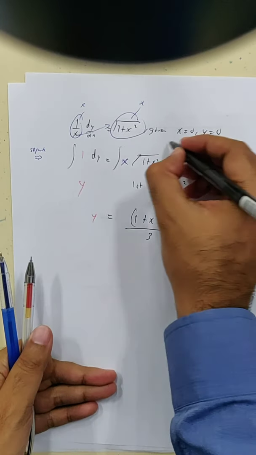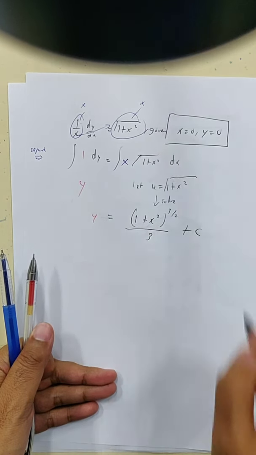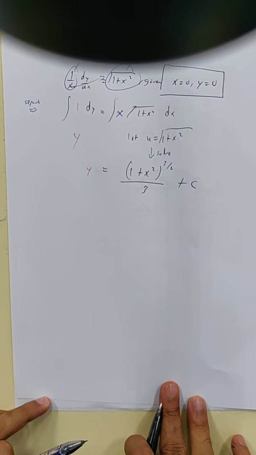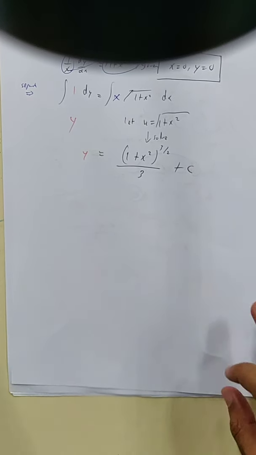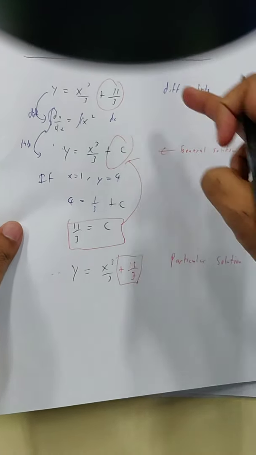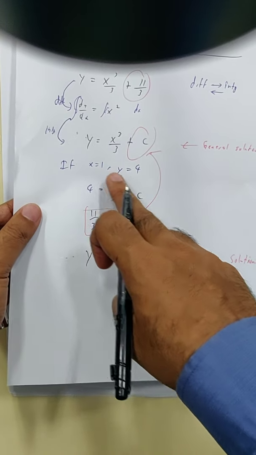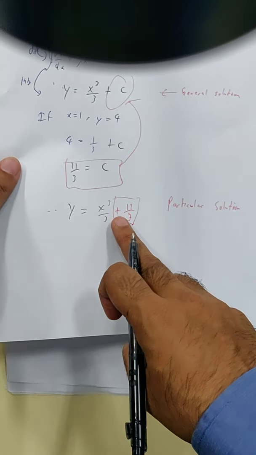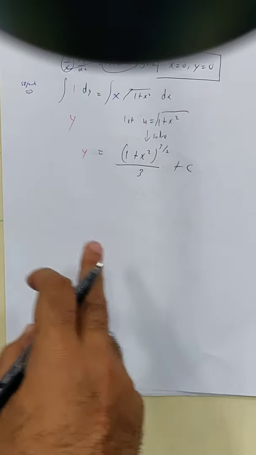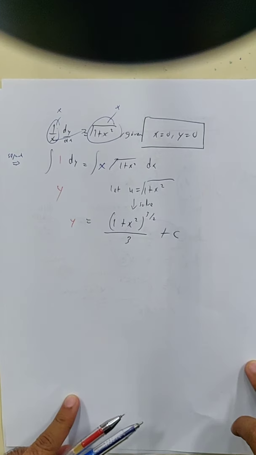You need to substitute this value here. This is what we did in our first example today, okay? You remember the first thing that we did today? How did we get this c as 11 over 3? You substitute x equals 1, y equals 4, right? It's given. Are we given any value here? x equals 0, y equals 0.